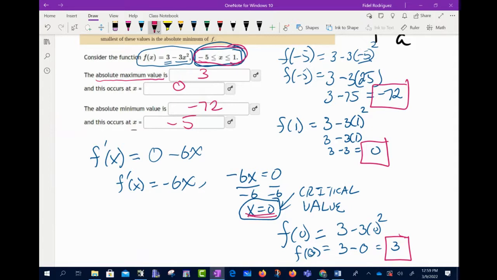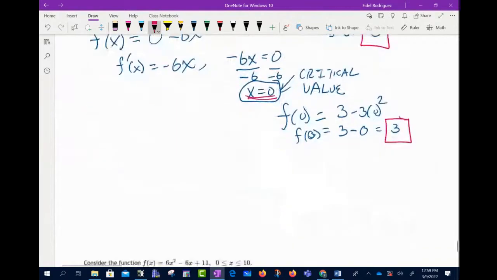Does that make sense? If the critical value we came up with were outside the interval, we just wouldn't evaluate it, because we're trying to find the absolute highest and lowest point in that interval from -5 to 1, and it's either going to be at the endpoints or at those critical values. Does that make sense? Good, good.